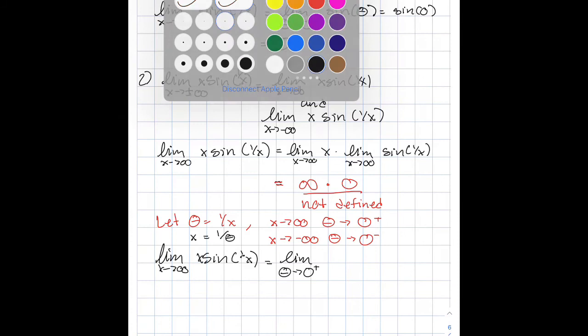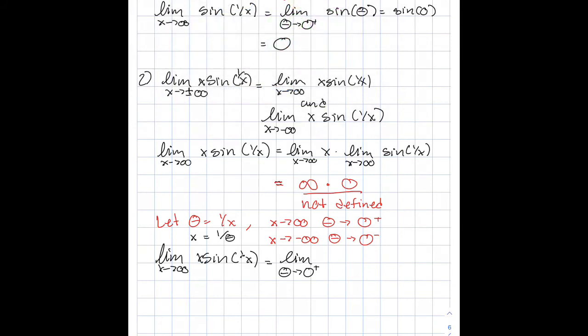I can rearrange that to be 1 over theta. So that makes x times sine of 1 over x into sine theta over theta. What? This looks like my favorite limit.